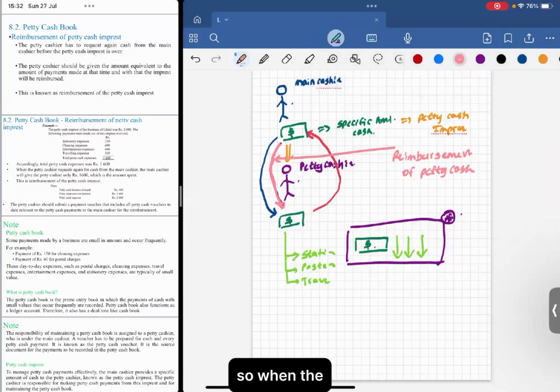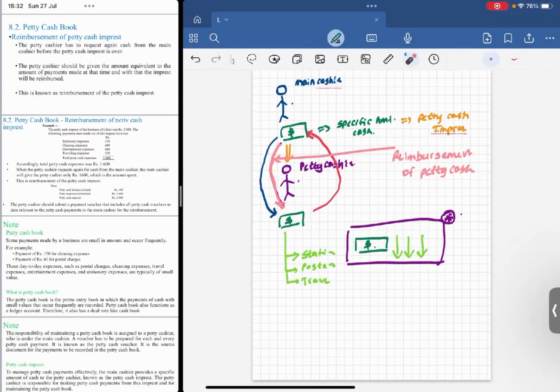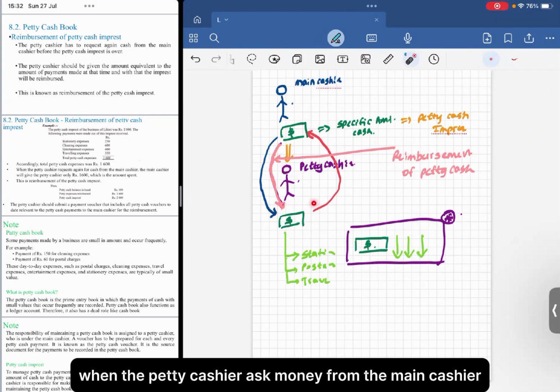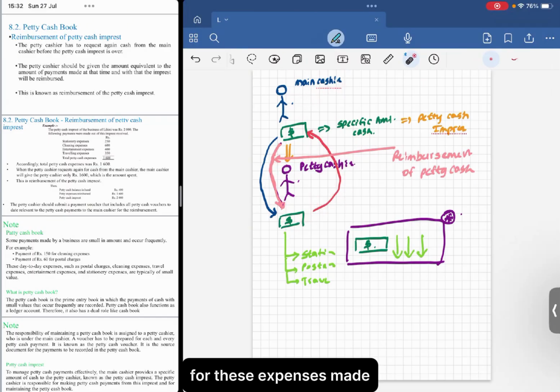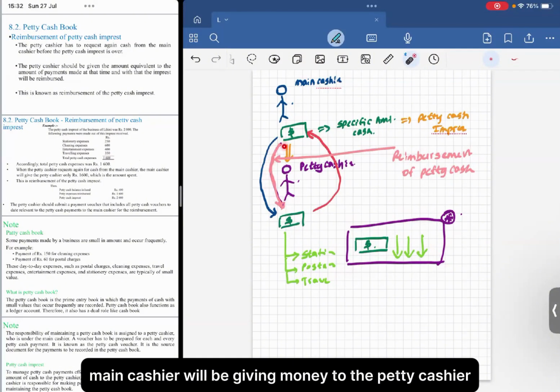So when the petty cashier asks for money from the main cashier for these expenses made, the main cashier will be giving money to the petty cashier.